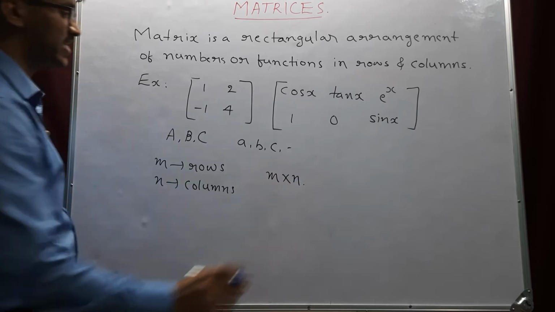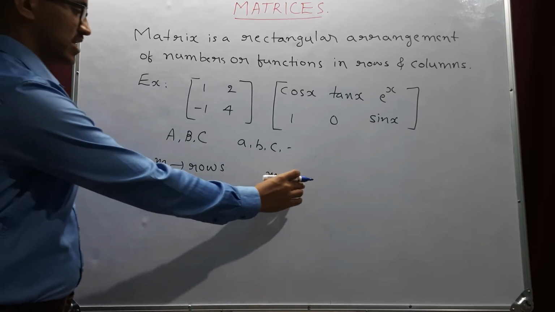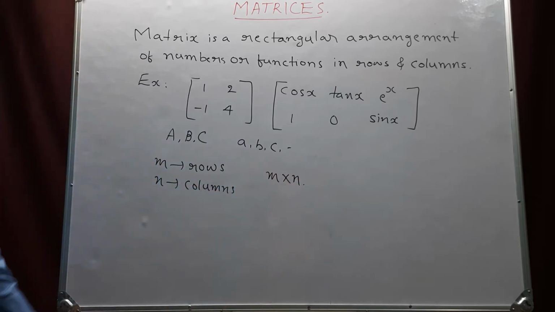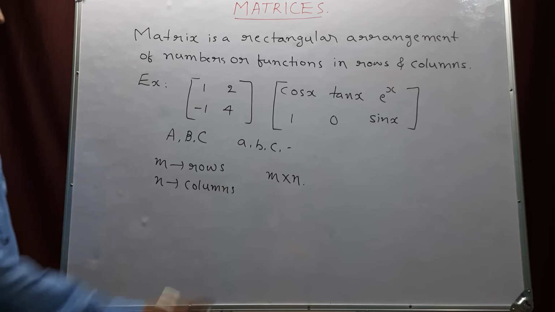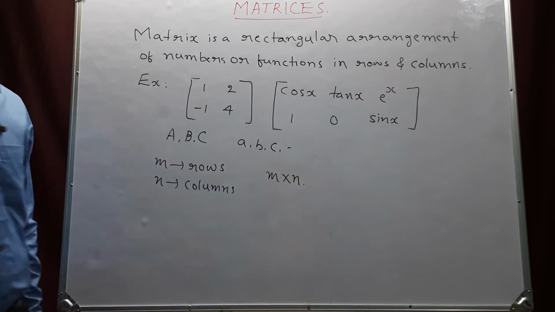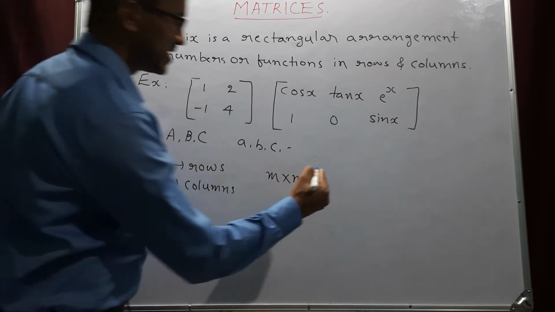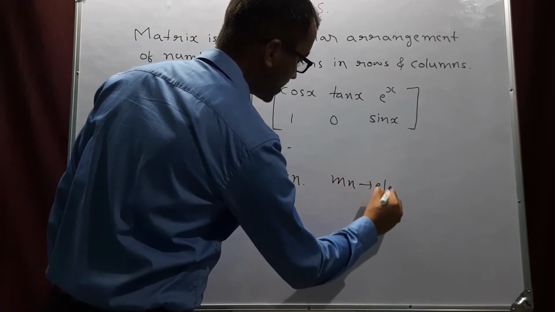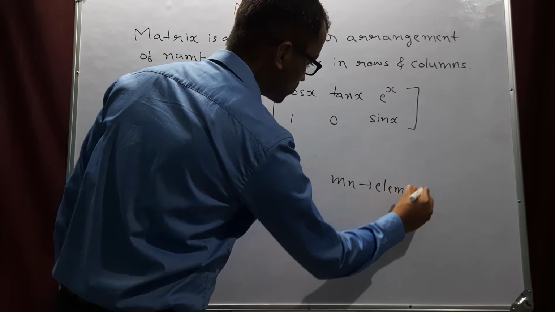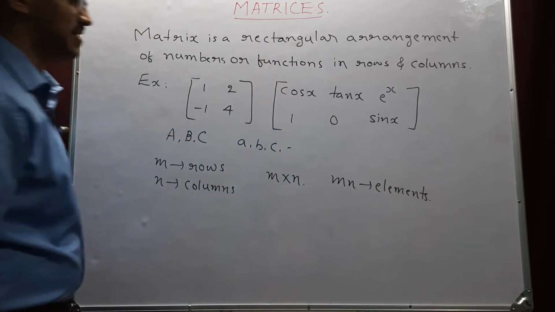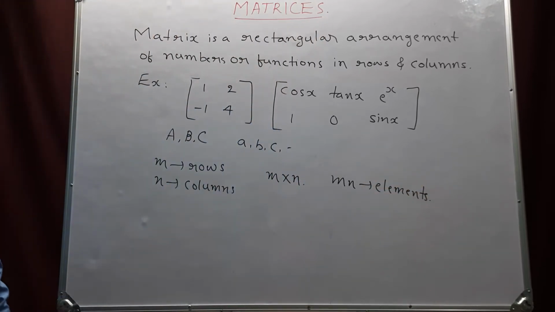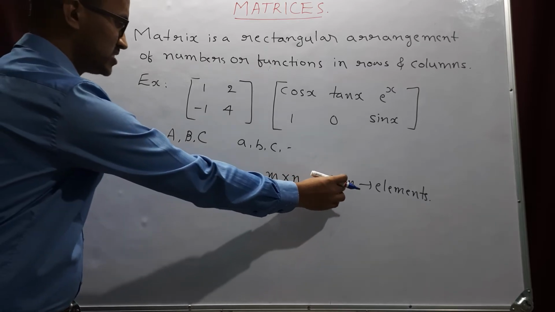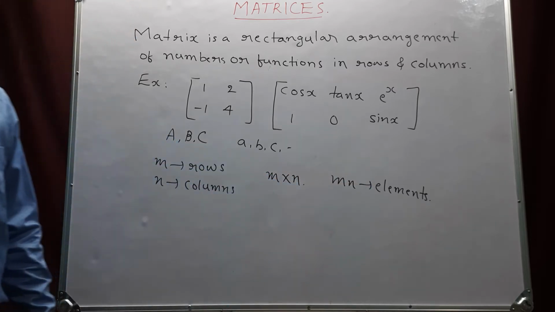We are going to read it as m by n. So suppose a matrix is of the order m by n, then it has m into n elements. So the total number of elements in the matrix of order m by n is how much? That is m into n.